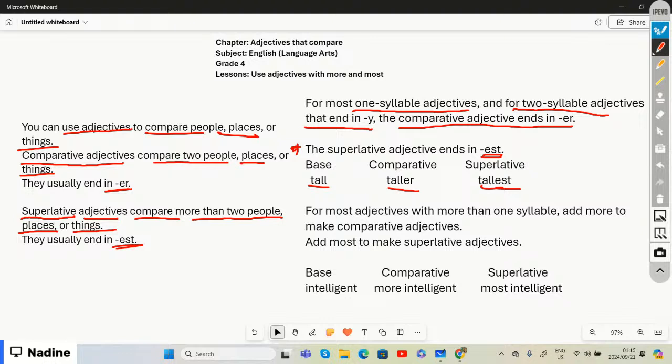All right, so we can say tall, taller, tallest.